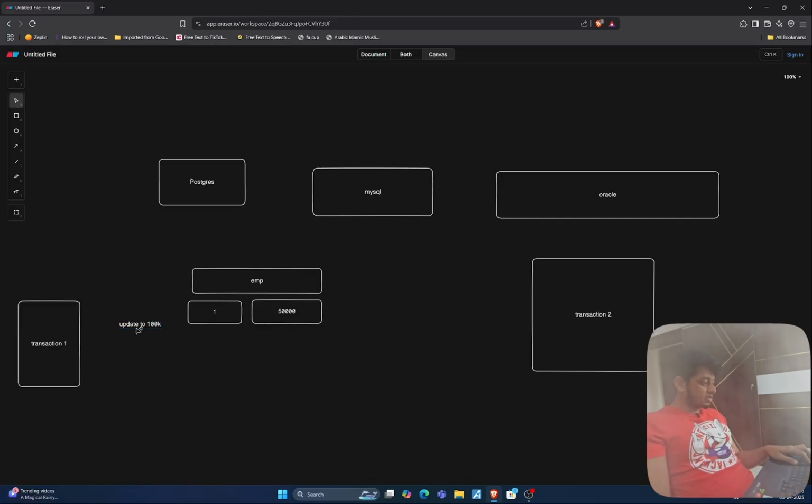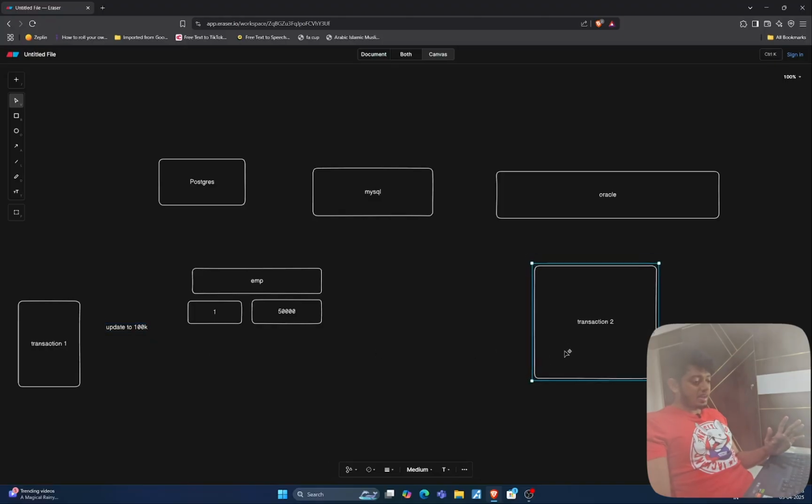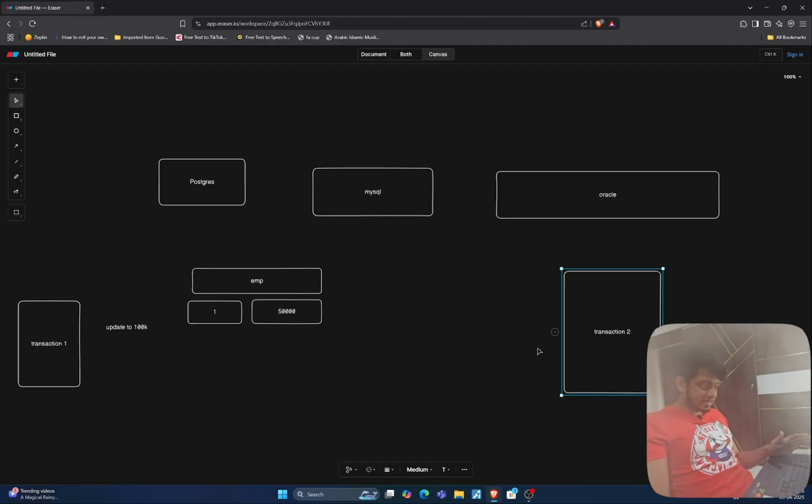While this transaction is happening, another person, say someone from the HR department, wants to access this salary. This record will not be accessible until transaction 1 is committed.